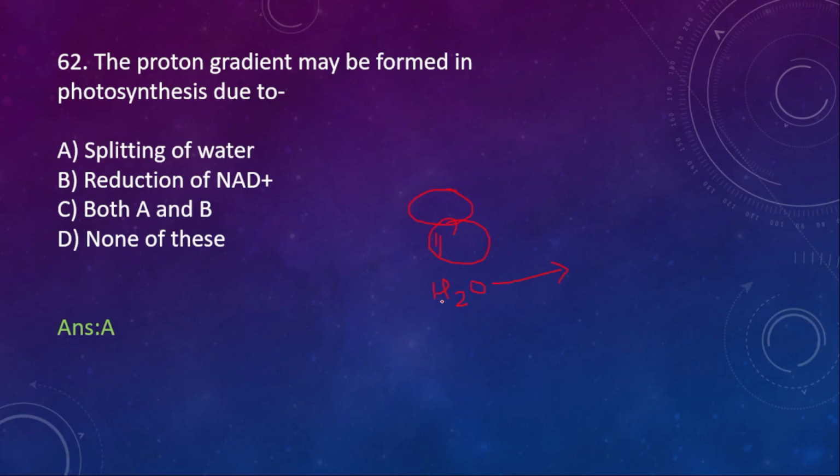After splitting one molecule of water, we will be getting 4 protons, okay, and 2 electrons, and the byproduct, that is oxygen, what we are breathing now.